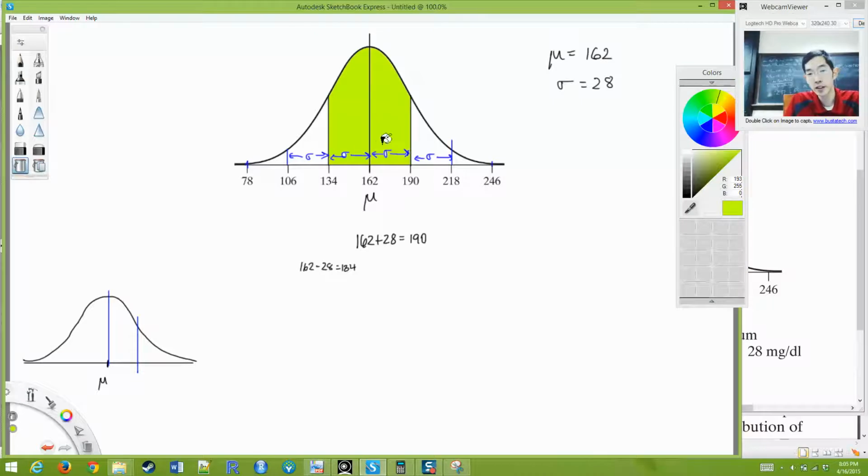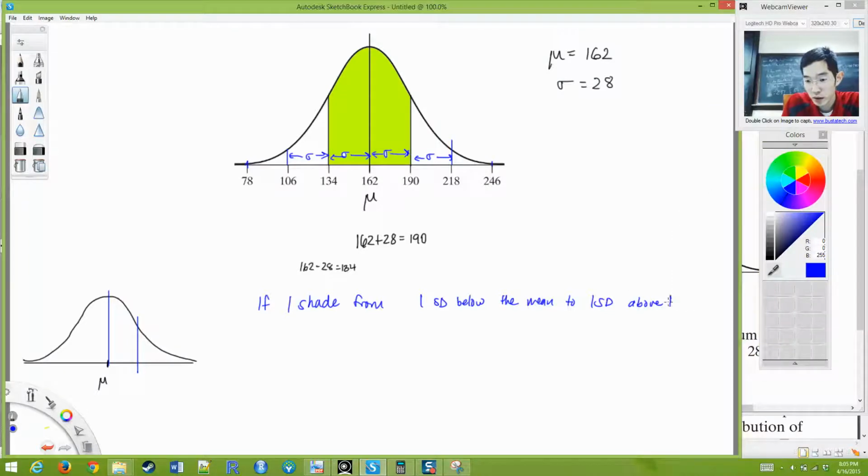And if I shade in between from here to here, okay, so if I shade from one standard deviation below the mean to one standard deviation above the mean, I have shaded approximately 68% of the total area under the curve.